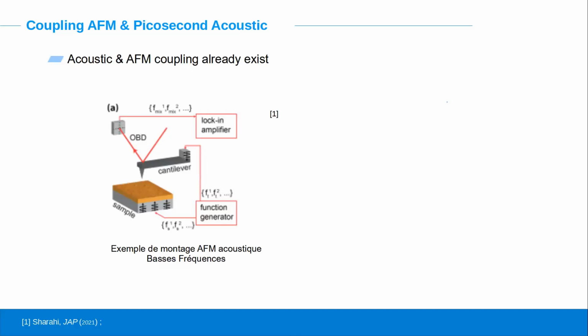Because they are using piezoelectric crystals, the vibrations are usually in the kilohertz or megahertz range, and they look at the variation of the contact force between the two due to the acoustic vibration. So this can be considered a low frequency example.